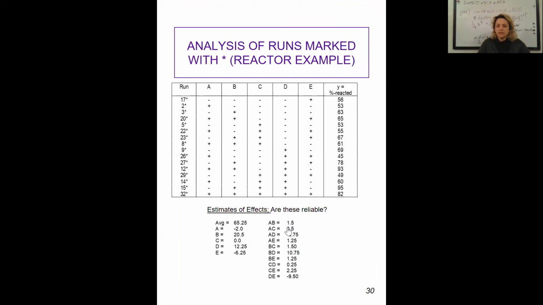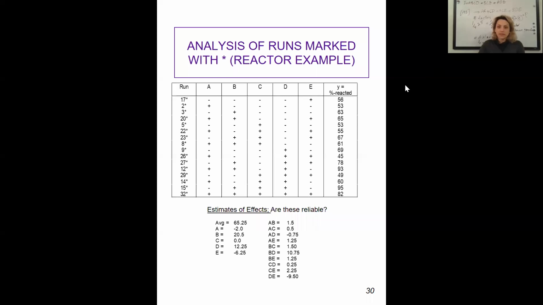I would find the interactions of them as well. And then I get the betas, but we want to see whether these are reliable or not. Can we rely on them? Can we say that we are going to get the same result? What we can do is, again, have our normal probability plot for it, right?